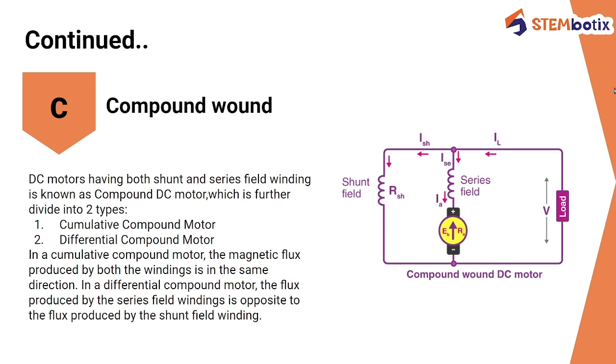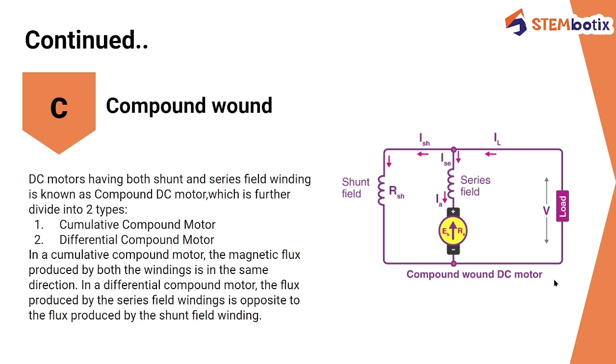A typical compound wound DC motor looks something like this. This is the armature winding, and in series there is a field winding, and in parallel there is also a field winding. Hence this is the series field and this is the shunt field, and the combination of both is known as a compound wound DC motor.